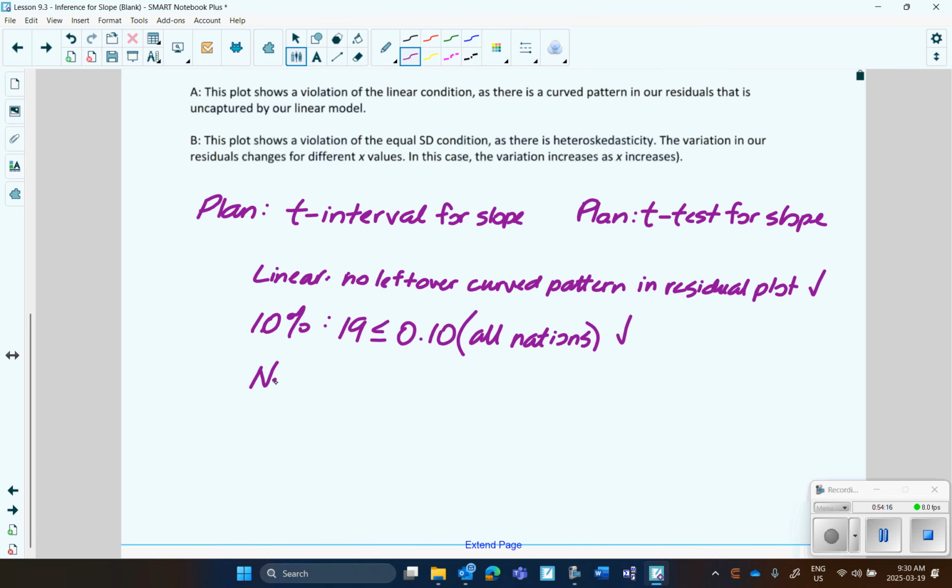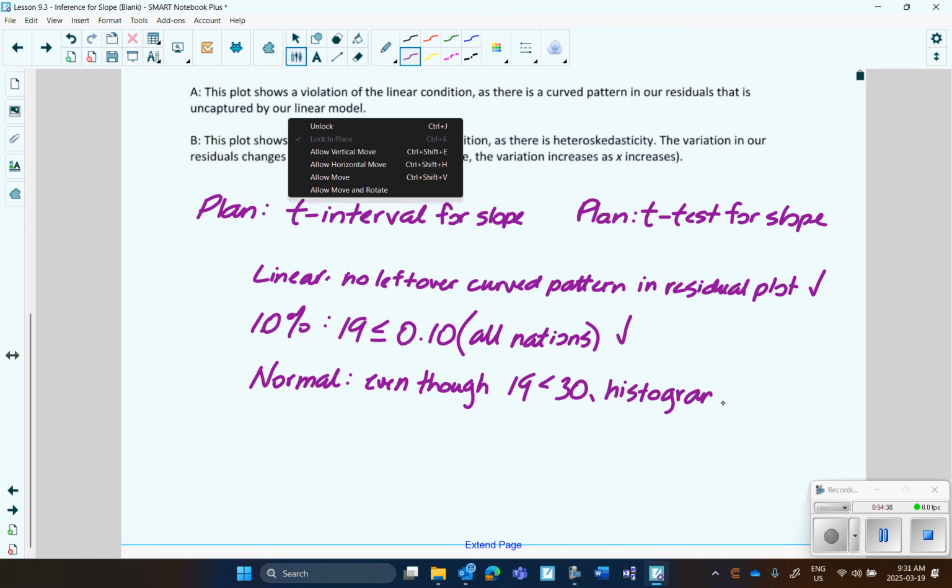Normal: even though 19 is less than 30, the histogram is approximately normal with no strong skewness or outliers.